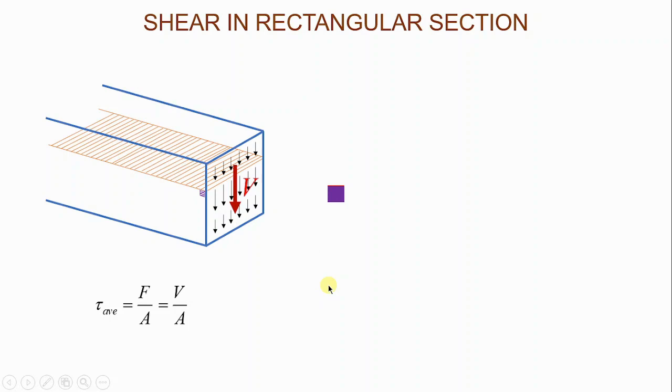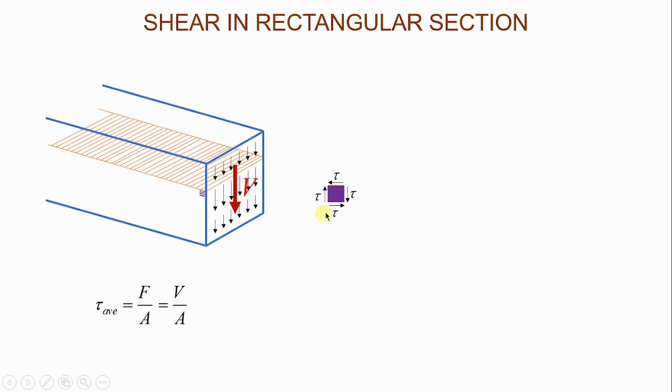Now, for this particular element to be in equilibrium, we will want our shear stresses to have directions as follows. We already know that on this side of that element of material, the direction of the shear stress is down. That is why here on that side it is down.